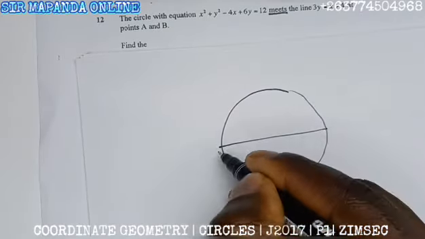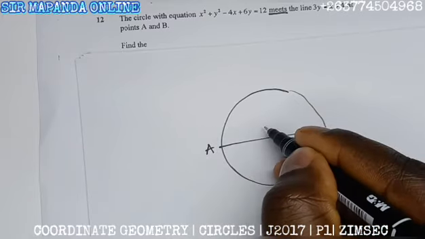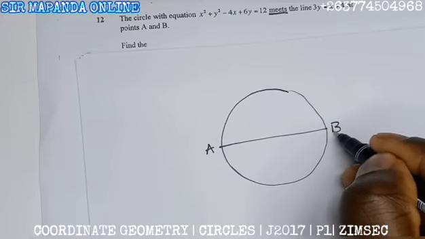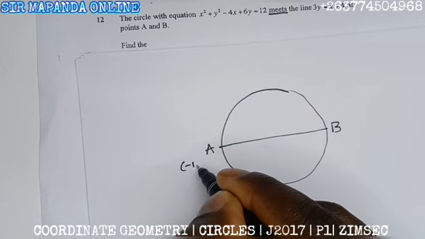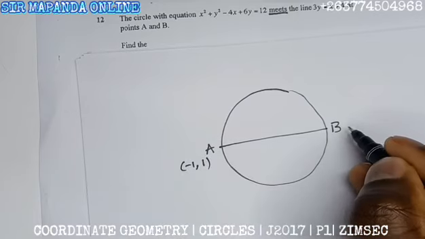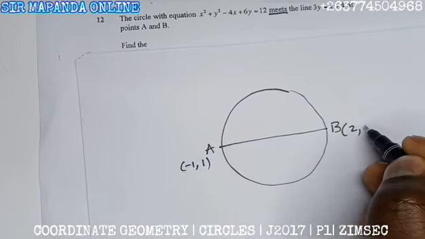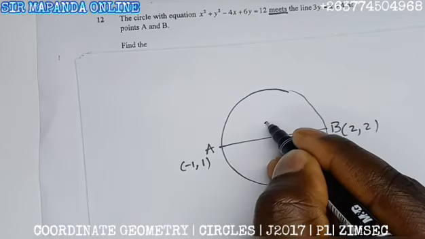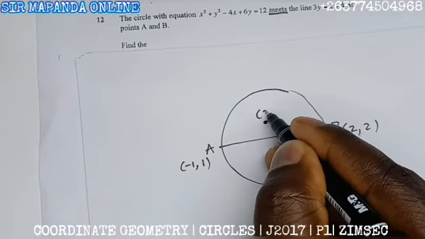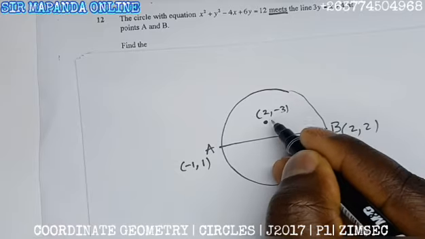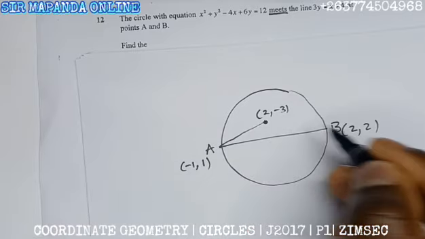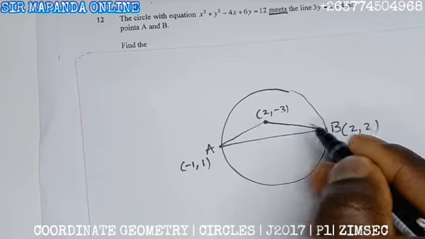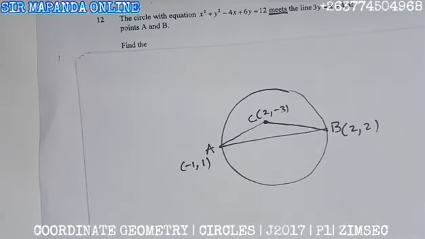Now that we have A and B, A is minus 1 and 1. Then B is 2 and 2. The center was calculated. We got 2 and minus 3. So we want to find the area of this triangle ABC, where C is the center and AB is the chord. I hope you are following class.